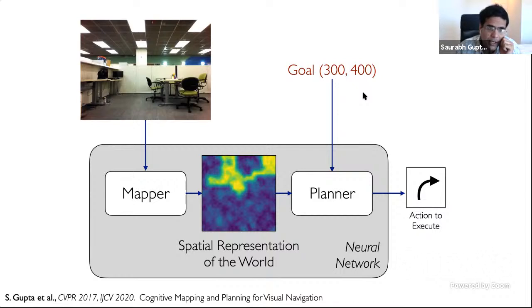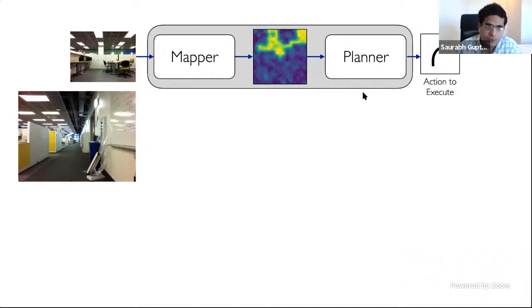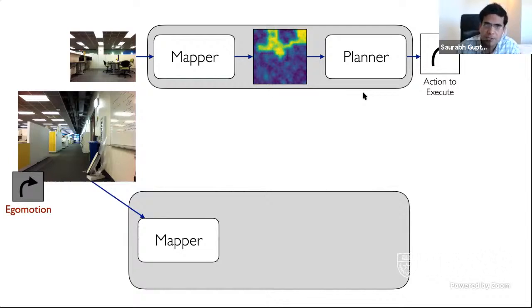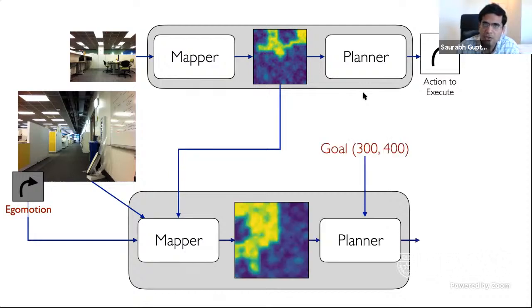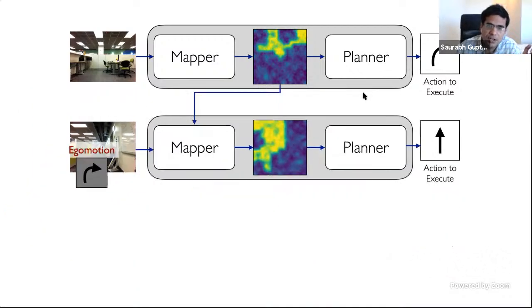Once the robot outputs this action, it's going to experience a new image along with some ego motion that occurred between the previous time step and the current time step. And then we'll repeat this process over again. But this time, the mapper will not just take in the new view as input, but also the ego motion and the spatial representation from the previous time step, and output an updated spatial representation. Again, we'll use that with a planner to output actions, and this process will continue over and over again.